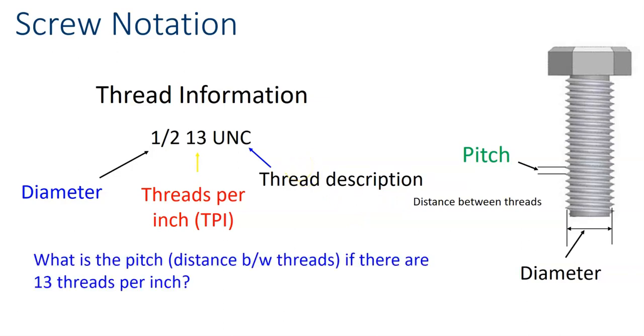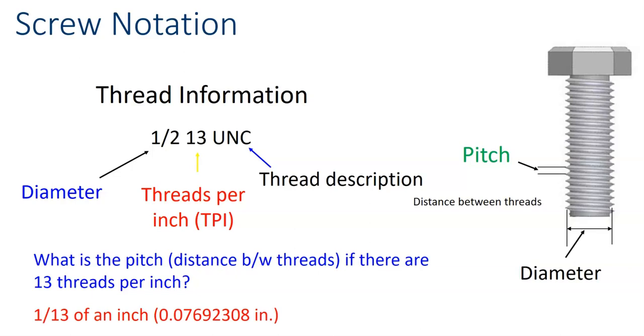So think: what is the distance between the threads if there are 13 threads per inch? If I flip that on its head and say I have 1 inch and I divide it 13 times, that tells me how big each thread or each pitch is going to be.